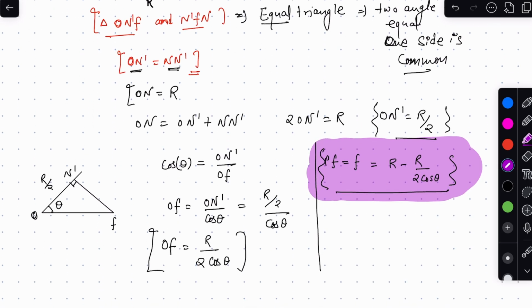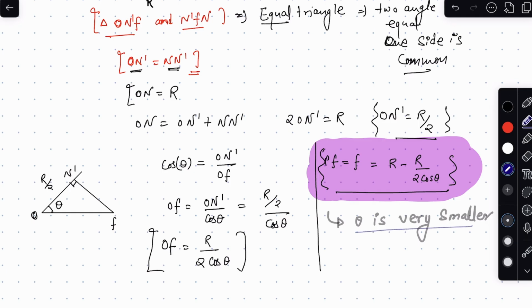Now let us take, this is our last step of this part of the question, that theta is very small. Okay, I have written it down highlighted. So theta is small.